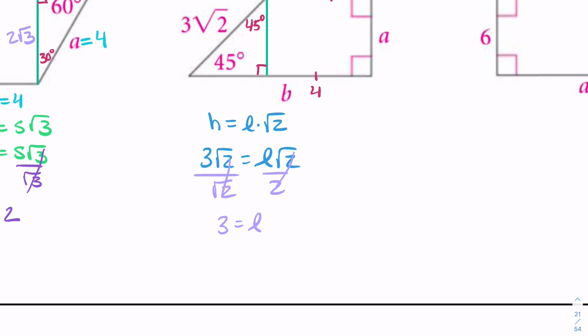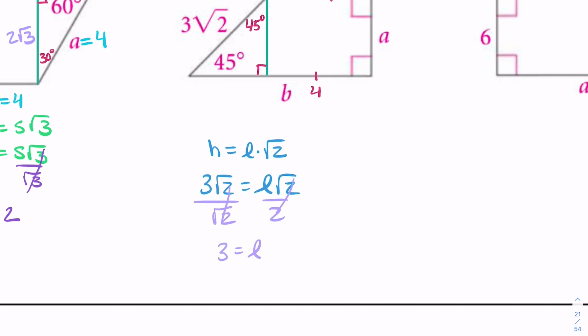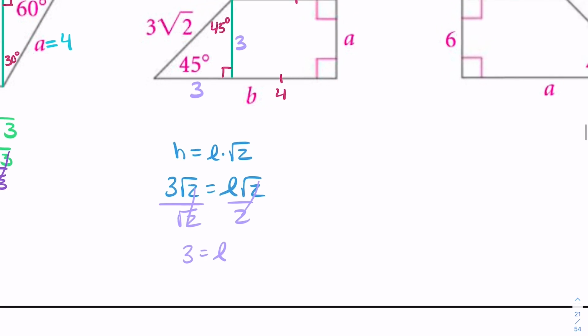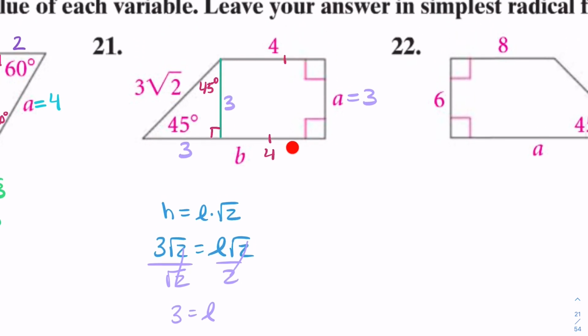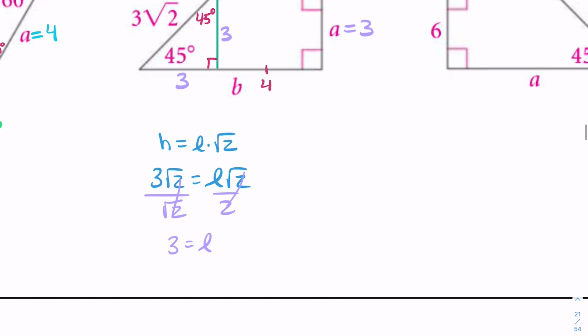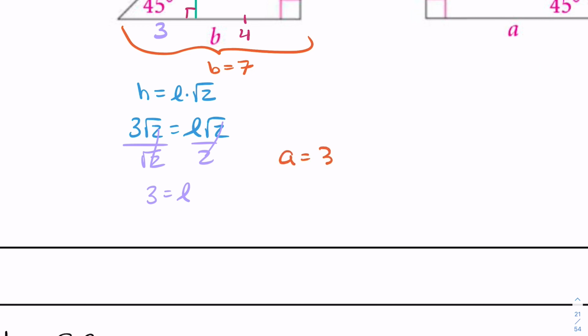So this part is 3, making this 3, because this is going to go from here to here. 3 and 4, don't forget this 4 here, combined with the 3, B is a total of 7. So A equals 3 and B equals 7.